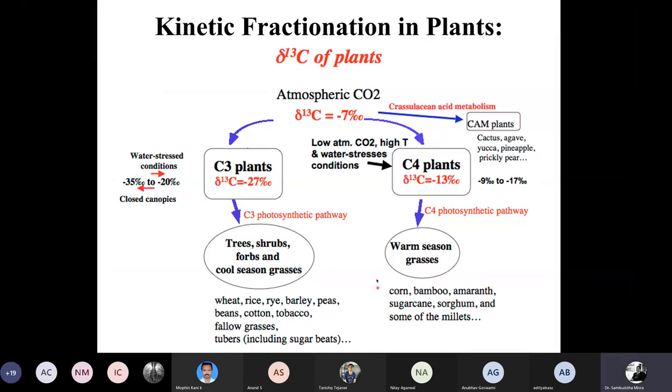If you add corn syrup to your honey, you're adding a C4-based product to a C3-based product. A C3 product should have a range of -35 to -20 per mil. C4 will have a range of -9 to -17 per mil with an average of -13 per mil. So you add any amount of C4 to C3, you will change the isotopic composition, and one should be able to track it.